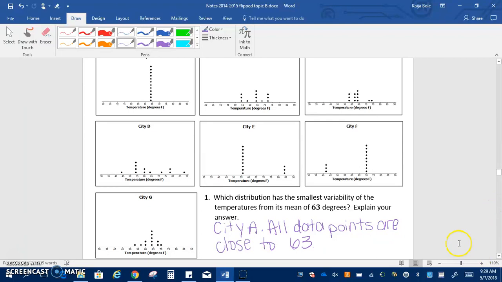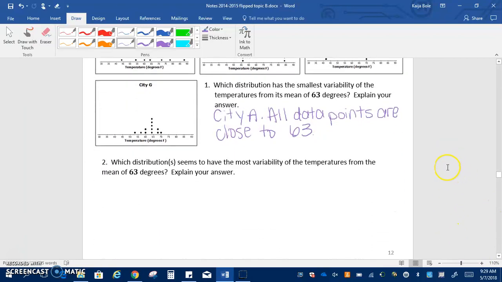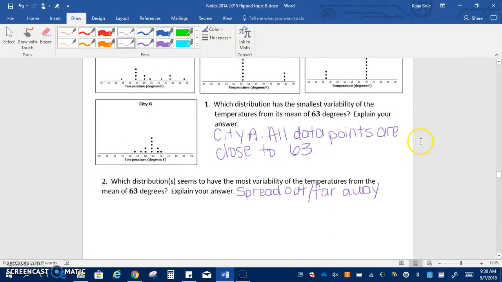Alright. Number 2 says which distributions seem to have the most variability of the temperatures from the mean of 63. So now we're looking, and write this down, for the data points that are most spread out or far away. So when we take a look at all of our graphs here, we're looking for the ones that are very spread out.